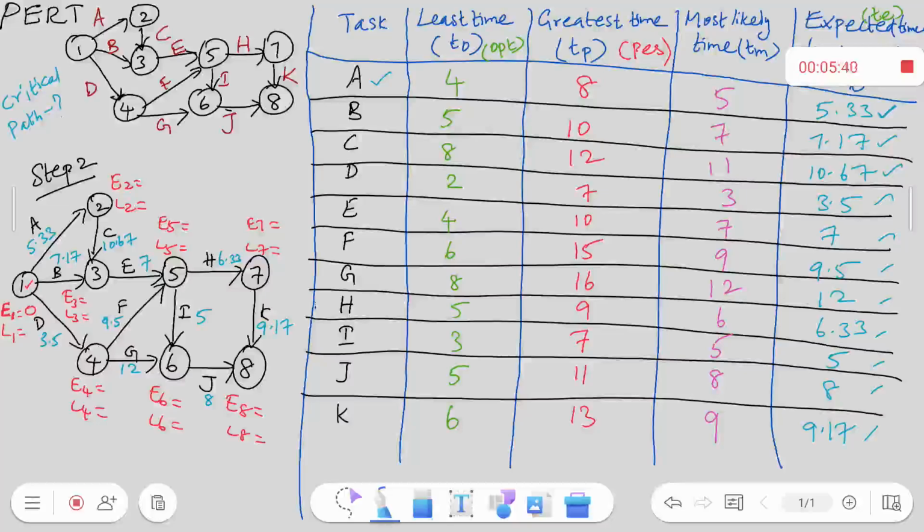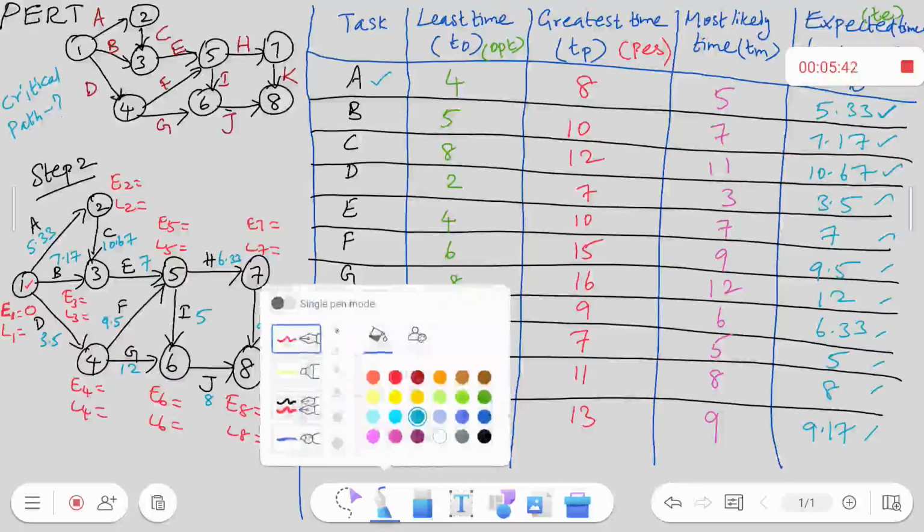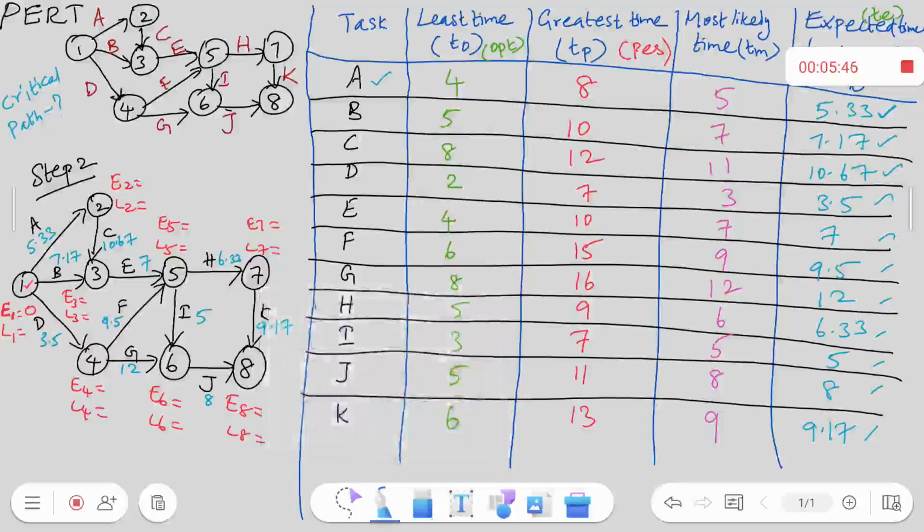Now let us calculate the earliest start time and latest finish time. As I said, for 1, the earliest start time is 0. When you go to node 2, from 1 to 2, it takes 5.33 units of time. So your earliest start time at 2 is 5.33. When you go from 1 to 3, the time is 7.17.